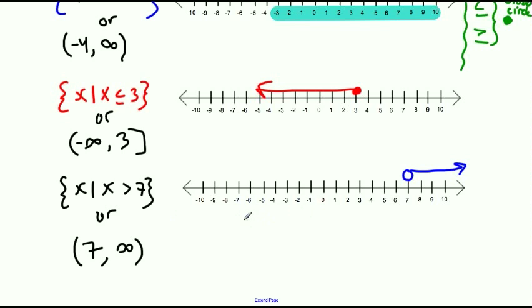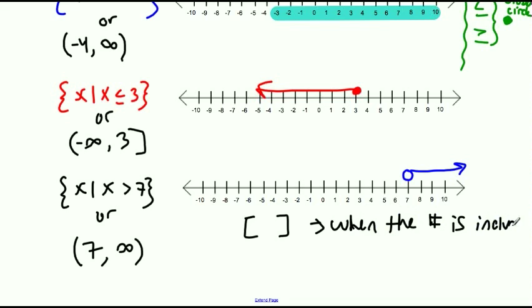So again, we use the brackets when the number is included, or a closed circle. So see right here: closed circle, bracket; open circle, parenthesis.